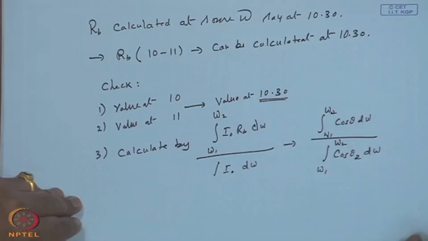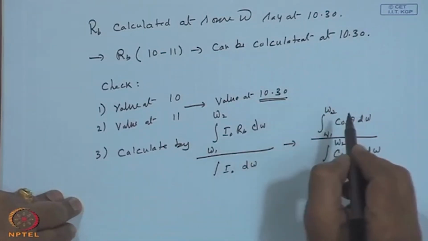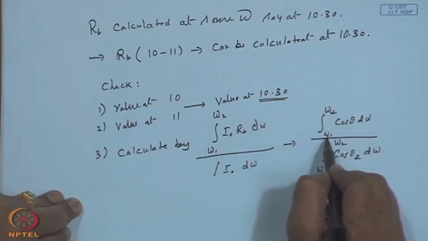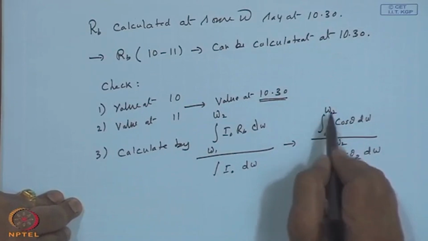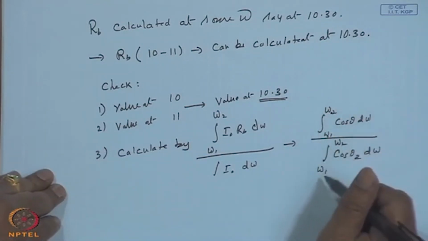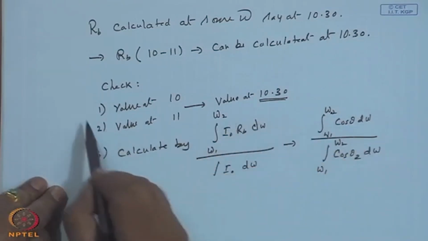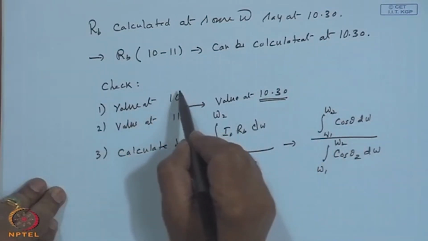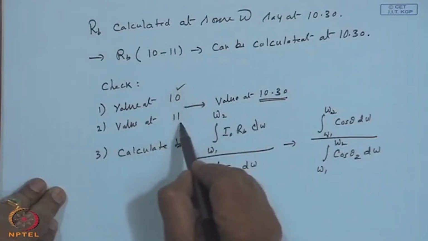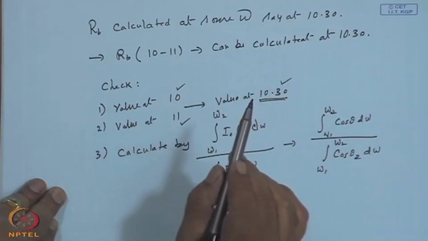I have no clue about this difference, but you can calculate it simply, as if it is a day, with the limits being omega 1 to omega 2 instead of twice 0 to omega s. So, you calculate the values at 10 o'clock, at 11 o'clock and at 10:30, and you check.